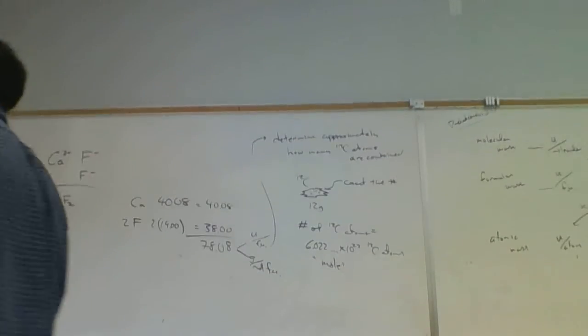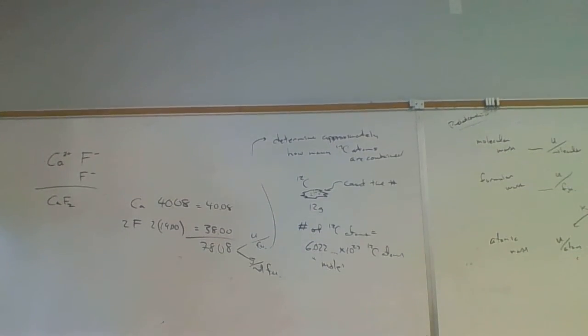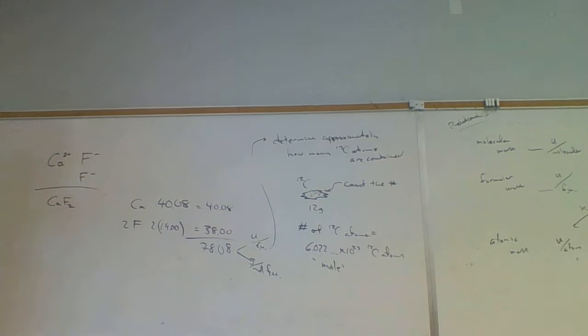Simple errors like on the last test. Yes, I think we could talk about the last test right now. So let's say I wanted 0.5 gram of carbon monoxide? Is that it?